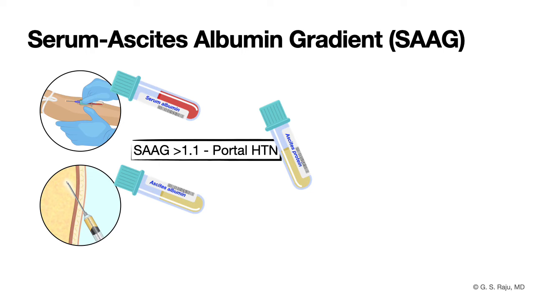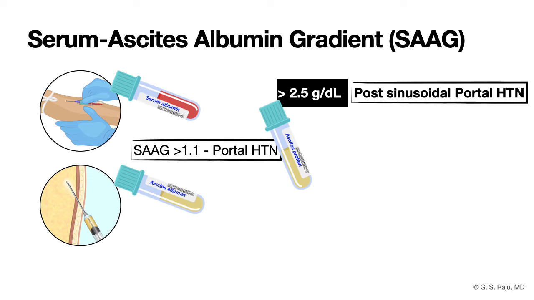Post-sinusoidal obstruction of the liver, that means in the hepatic veins, IVC, and right heart. So if the serum ascites albumin gradient is more than 1.1 and the ascitic fluid protein is more than 2.5 grams per deciliter, it indicates post-sinusoidal portal hypertension.